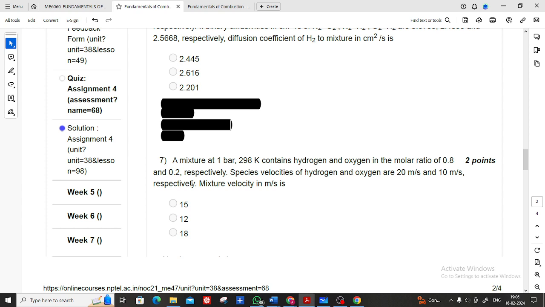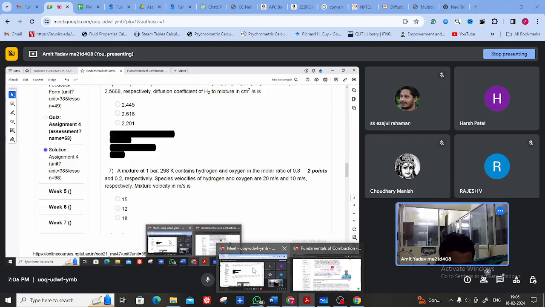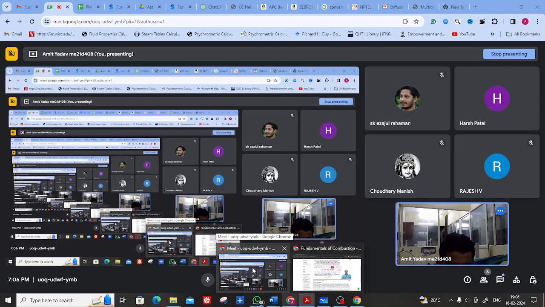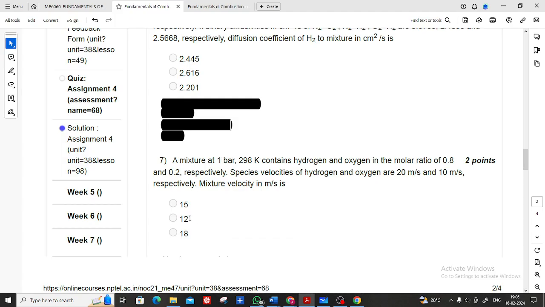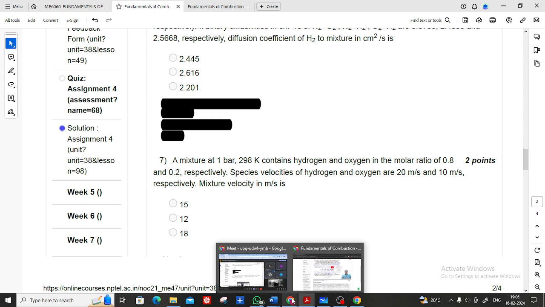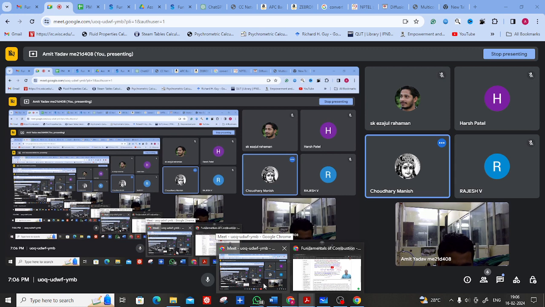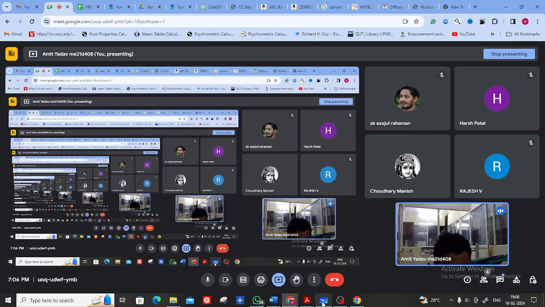So I want this answer from someone else, and after that we will move. First thing, I don't know if 12 is correct. Sir, my answer is 11.33. Okay, may I know how you are getting 11.33?